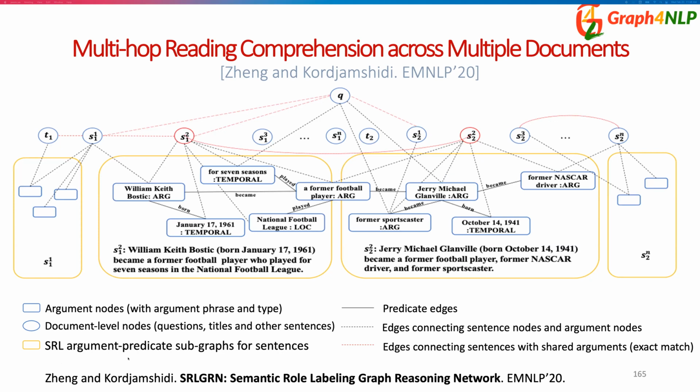In the yellow curved-edge square, you can see the subgraph constructed based on argument predicates for sentences. And then it has predicate edges. It has edges that connect sentence nodes and argument nodes, and then edges connecting sentences with shared arguments based on exact match. So this is basically an even more comprehensive graph constructed for the original document and the question.